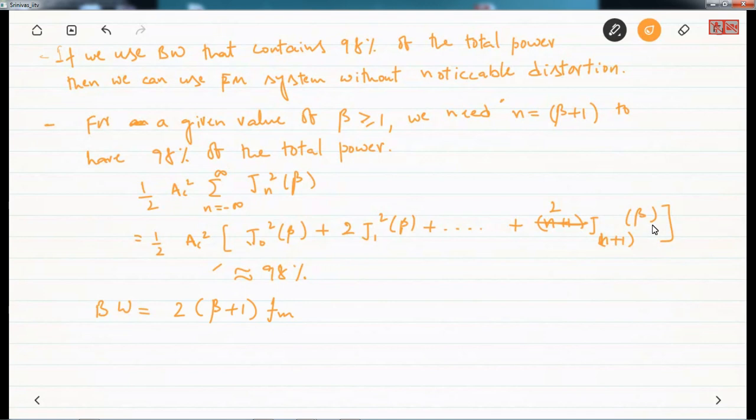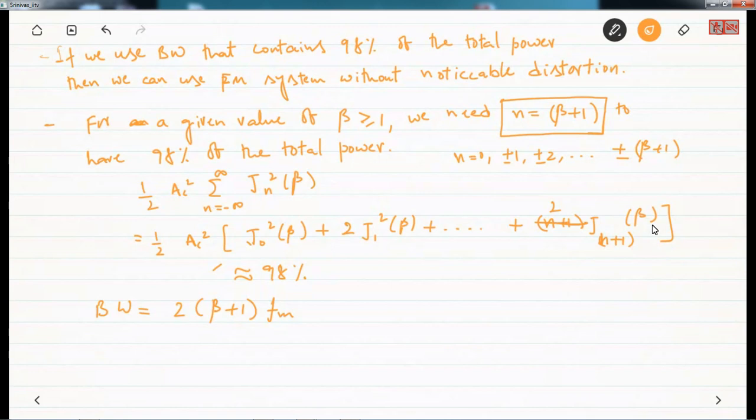It was shown by computing the Bessel coefficients that if I consider n equal to 0, n equal to plus or minus 1, n equal to plus or minus 2, and so on up to n equal to plus or minus beta plus 1, that will give me 98% of the total FM power.